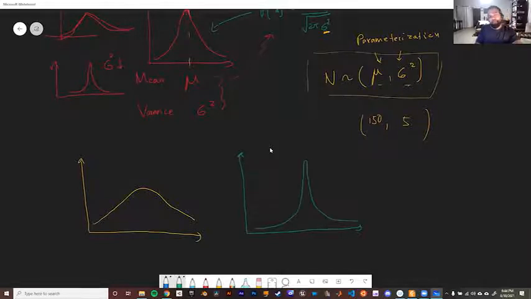In this case, sigma squared, the variance, is very high. In this case, the variance is very low.